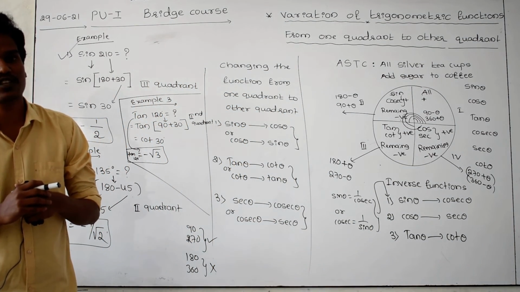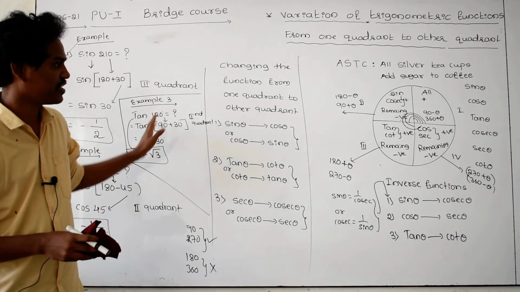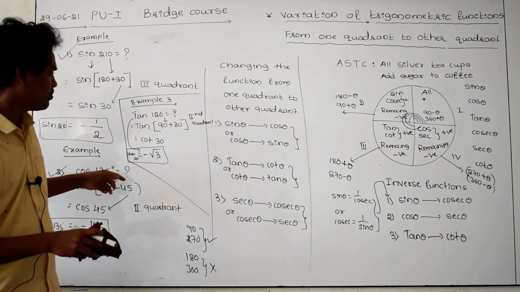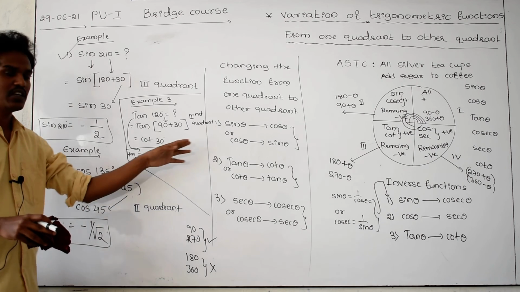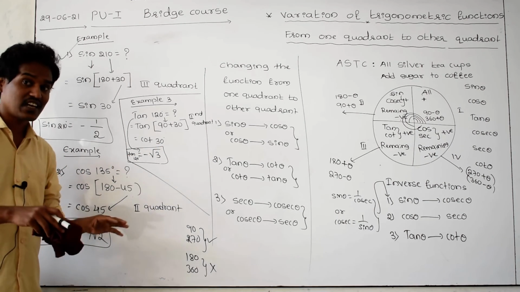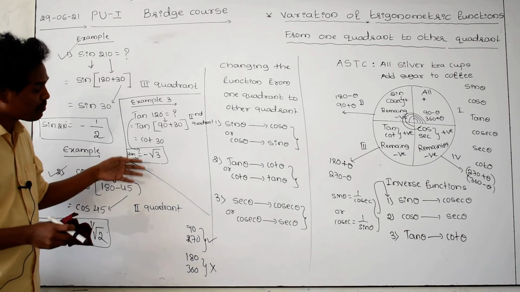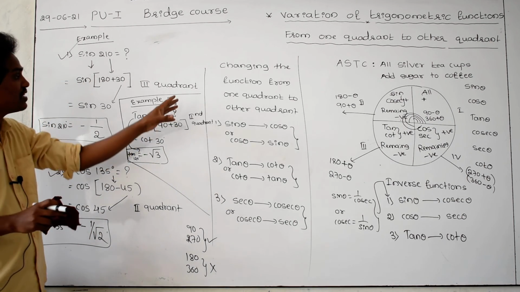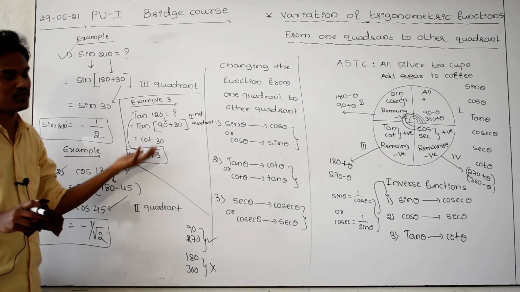We will see many examples in the next class, because here the space is not enough. Please remember 1, 2, 3 and note them down. In the next video also, I am continuing the same concept with more examples. Please note down.